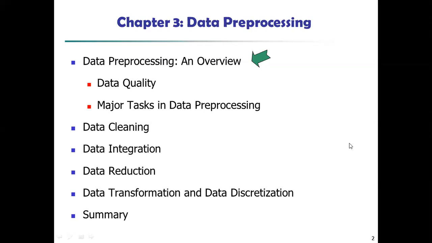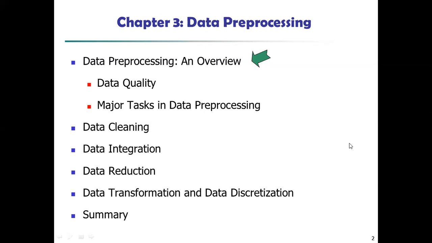And what are the tasks? Here, how to clean the data, how to integrate it, and how to reduce it. These are the tasks you mainly perform in data pre-processing.